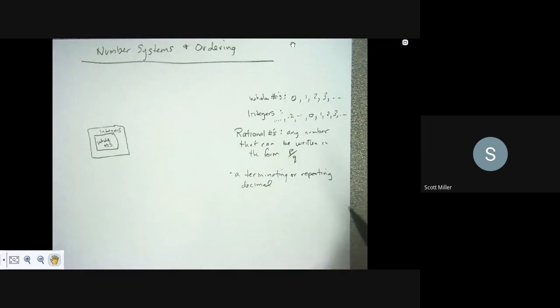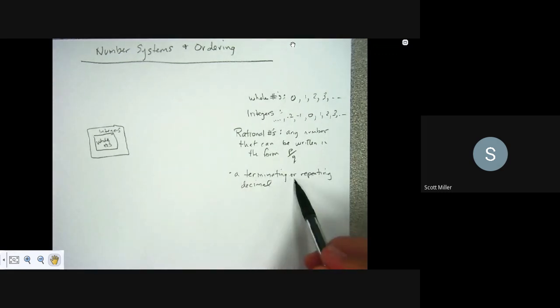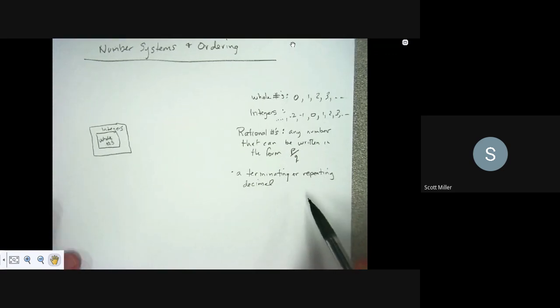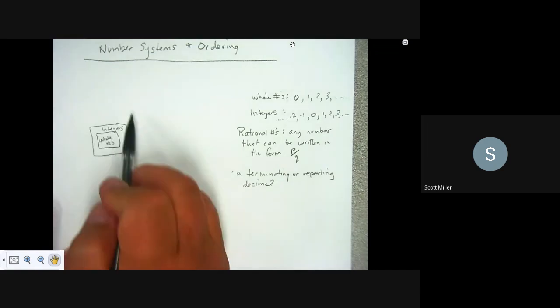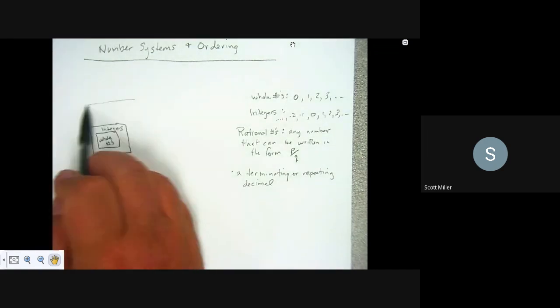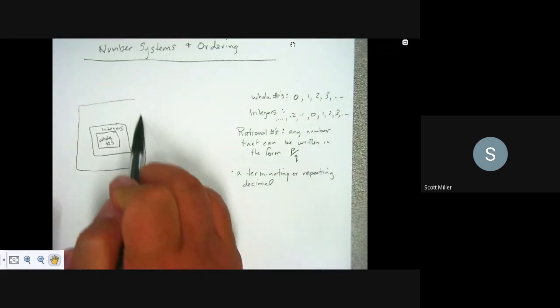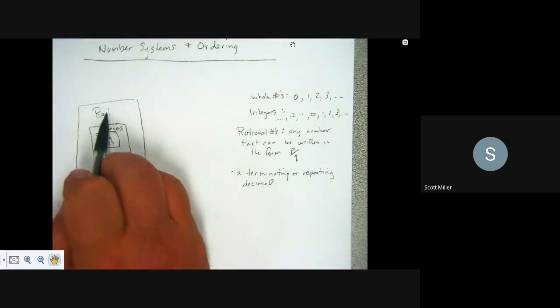Or you can look at it as a decimal. Anything that terminates or repeats is also a rational number. So all whole numbers are rational. All integers are rational, which means these two are nested inside of rationals.